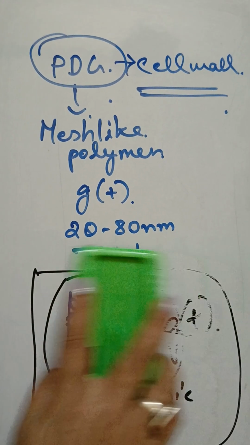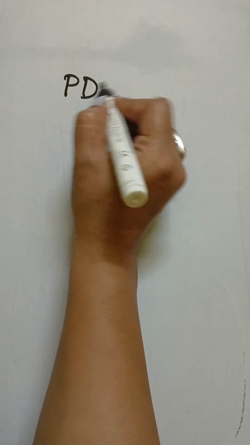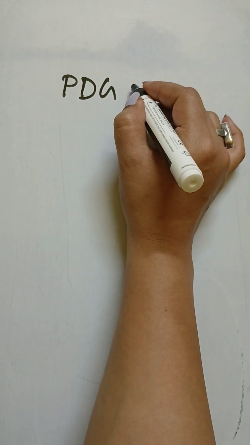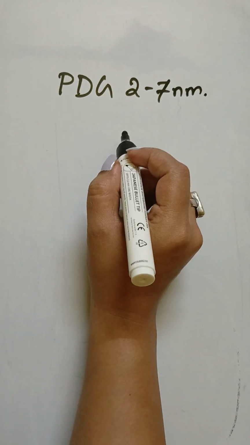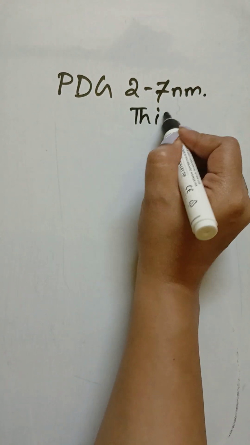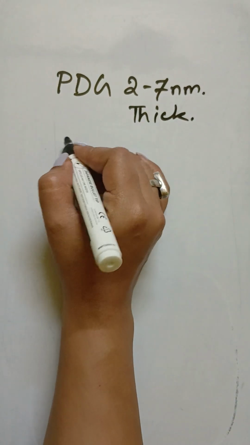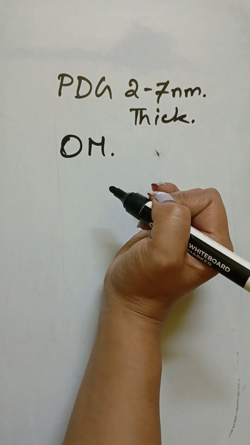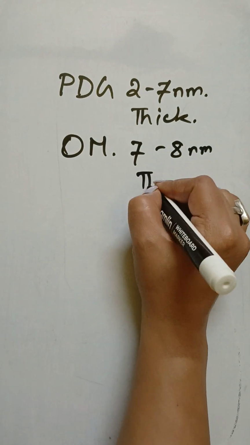Now, apart from this, in case of gram-negative bacteria, there is also a peptidoglycan layer, but that is very thin, about 2 to 7 nanometer thick, and outside of this PDG layer there is an outer membrane portion which is about 7 to 8 nanometer thick.